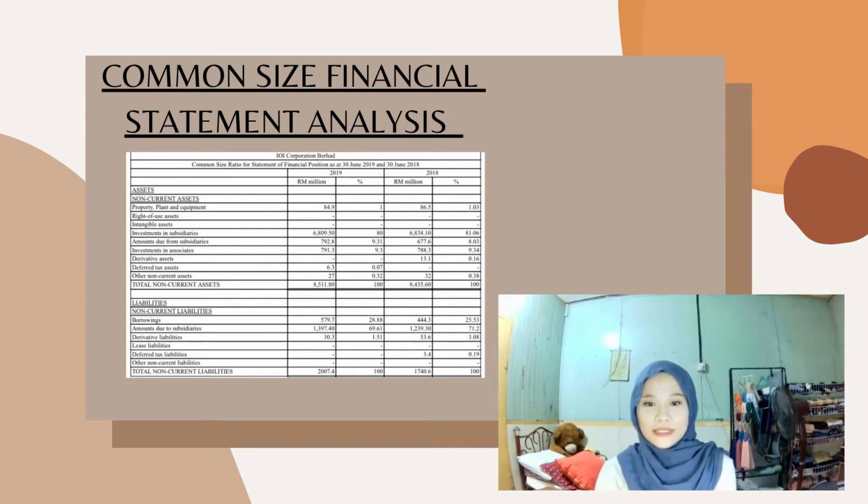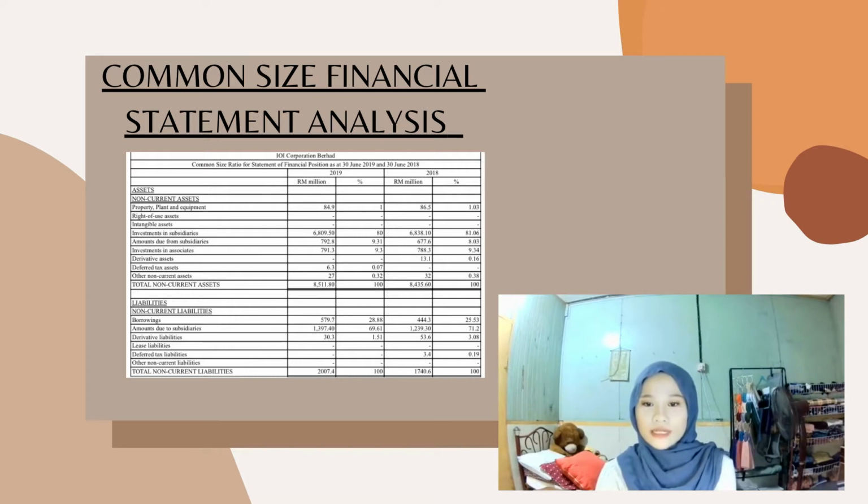The investments in associates and derivative assets both have slightly decreased by 0.04% and 0.16% respectively. The decrease in derivative assets is due to the absence of interest rate swap contracts in 2019, which was used to hedge its exposures to interest rates movement.